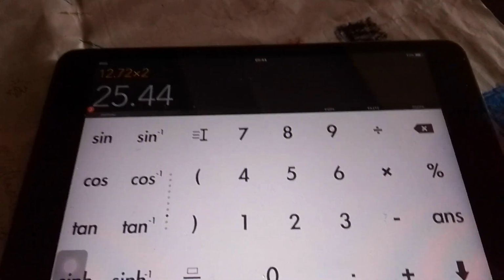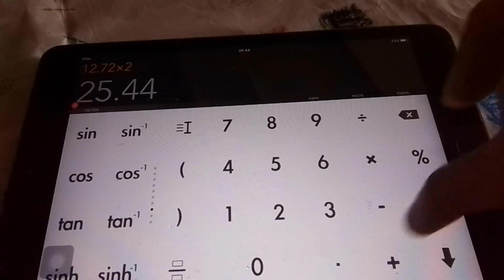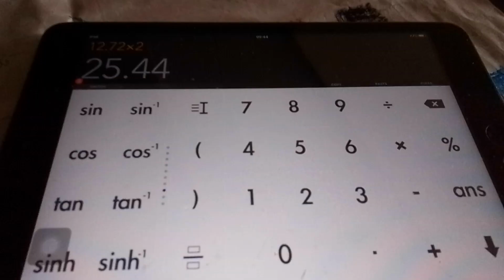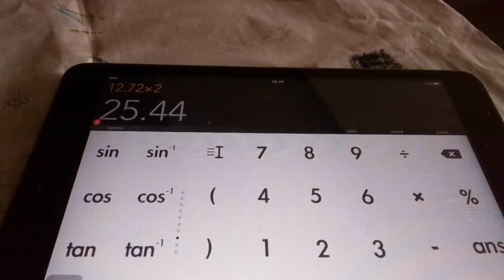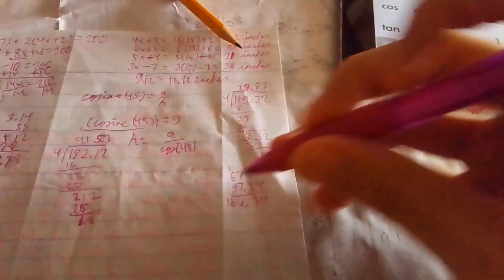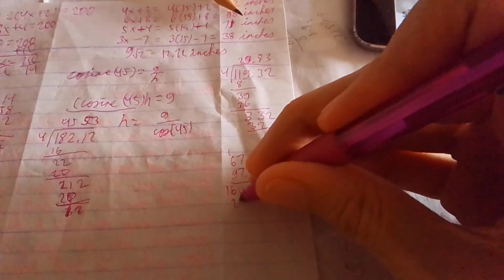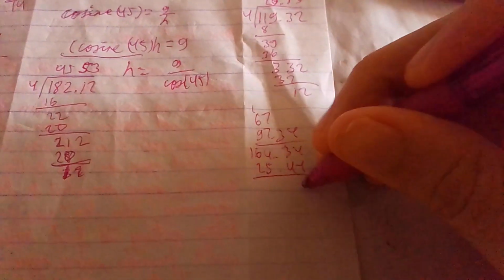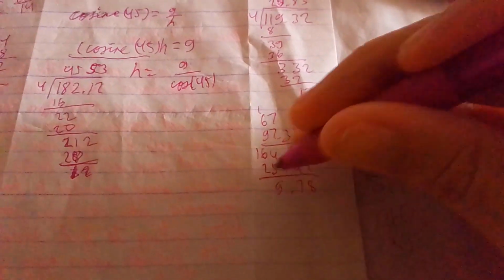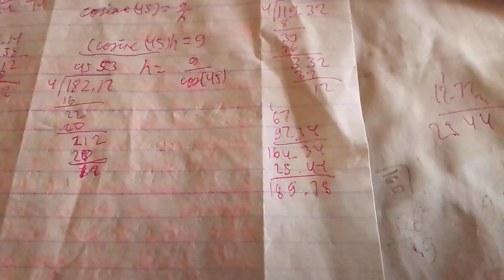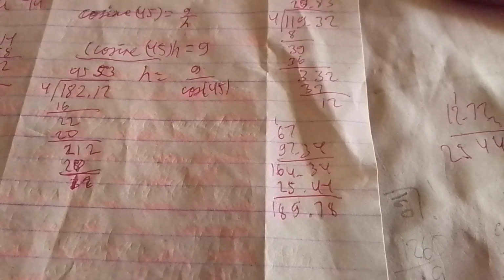Yes, 25.44. Now let's add that. Again, remember, don't include the second 25.44, okay? So this is 189.78. That's the fourth dimension. We still have 5 more.